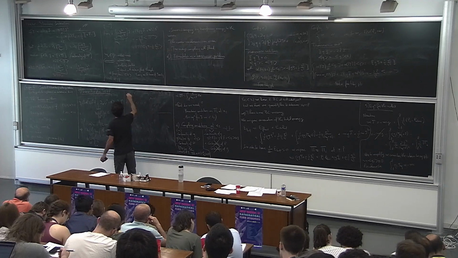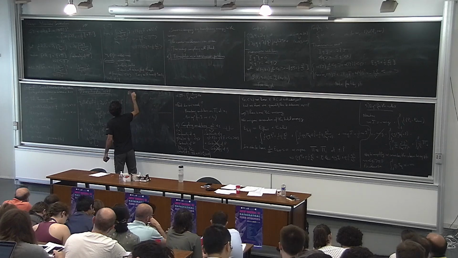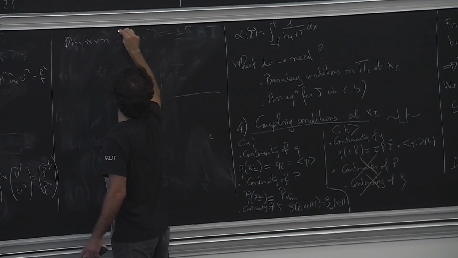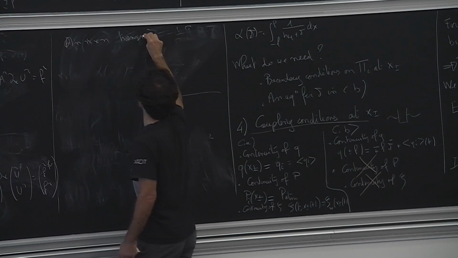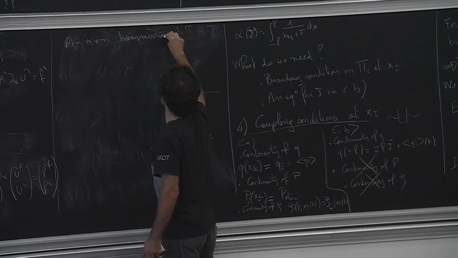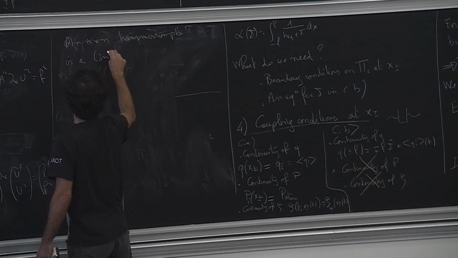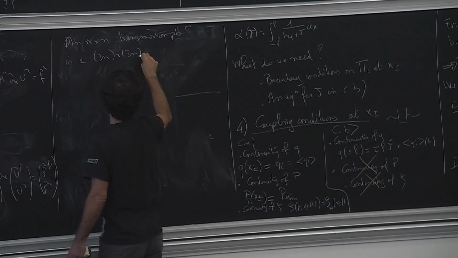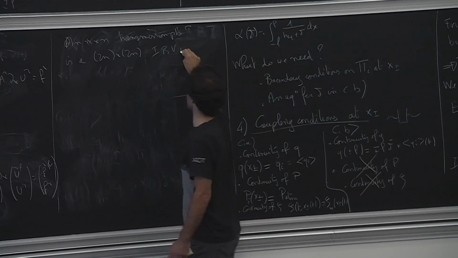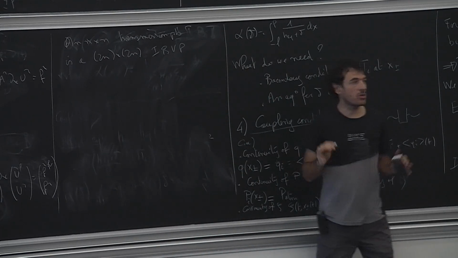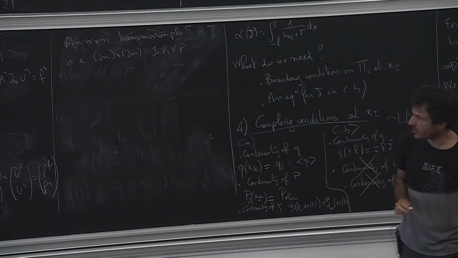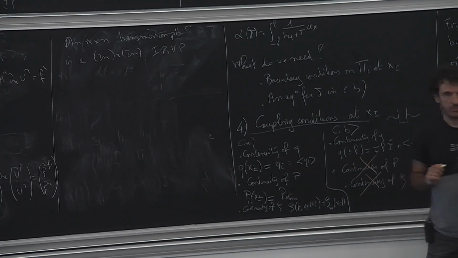So you can see that an n by n transmission problem is actually a 2n by 2n initial boundary value problem. Okay, so I can speak about initial boundary value problems without loss of generality.